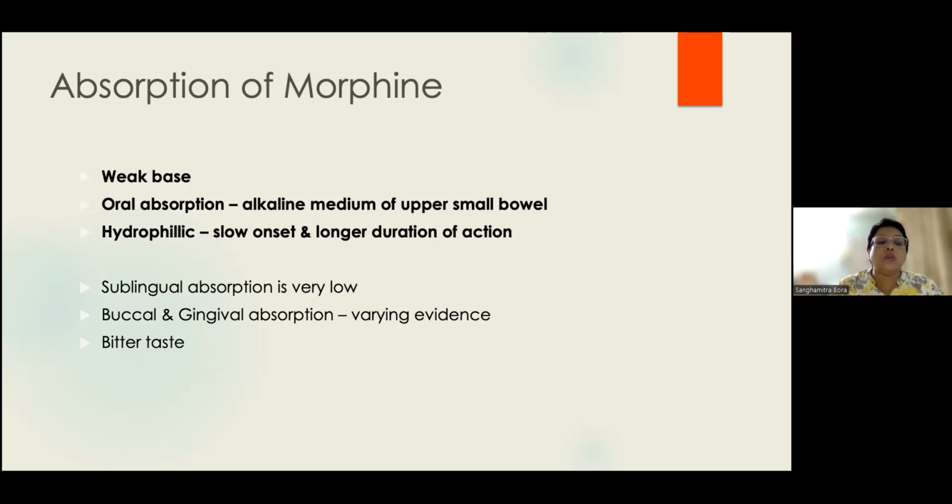Hence the sublingual absorption is very, very low. There is perhaps no sublingual absorption, and for the buccal and gingival routes there is very varying evidence, because many people are tempted to give sublingual and gingival morphine just for an SOS kind of a thing. And since it is a little bitter in taste also, these routes are not preferred.